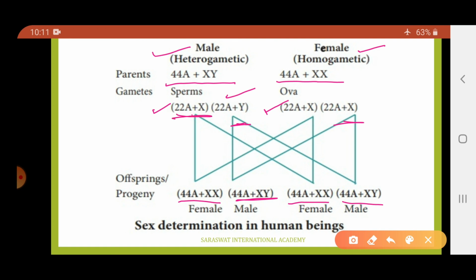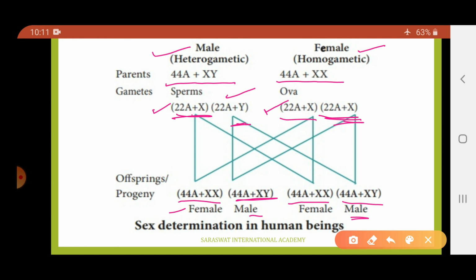Suppose 22A plus X fuses with 22A plus X, it will develop into 44 autosomes plus XX, that is a female. Again, 22A plus X fusing with 22A plus X produces 44A plus XX. But if 22A plus Y fuses with 22A plus X, it produces 44A plus XY, that is a male, and here also it will produce a male. So, there are 50% chances that males will be developed and 50% chances that females will be developed.